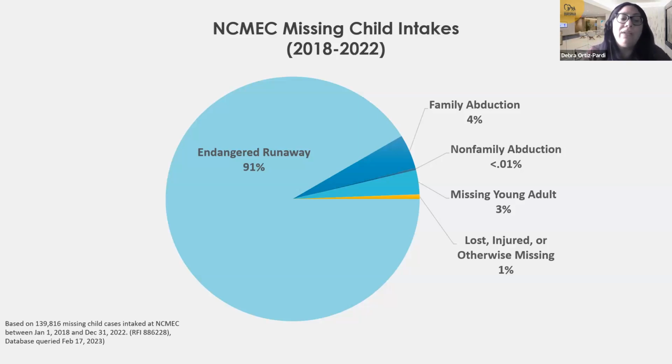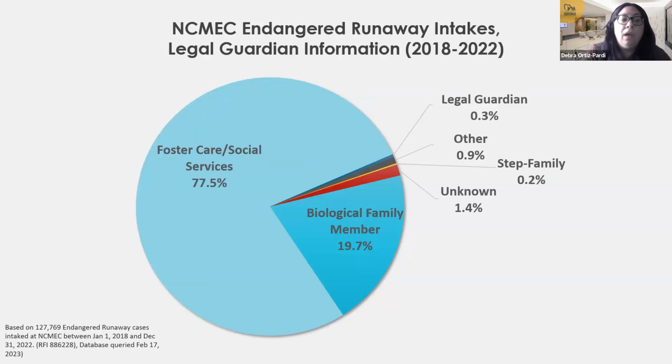But I really want to focus on the nexus between missing children and exploitation and the trends that we're seeing around that today. So one of the things that we are seeing, as you can see from this particular pie chart, is that over 77% of children reported to NCMEC were because they ran away from home.